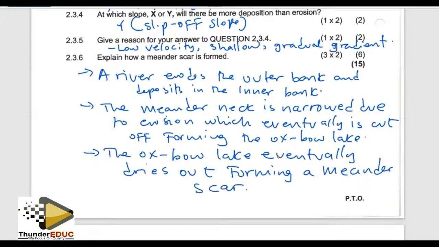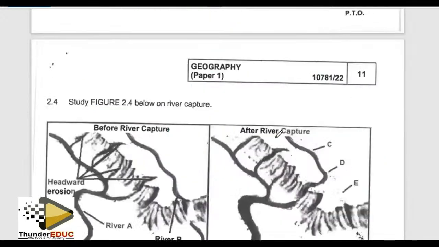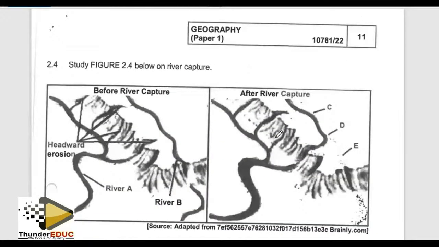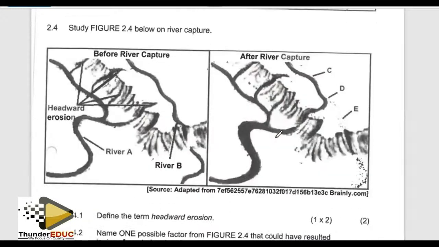All right, let's proceed to question 2.4, which says study the figure 2.4 below on river capture. Define the term headward erosion.